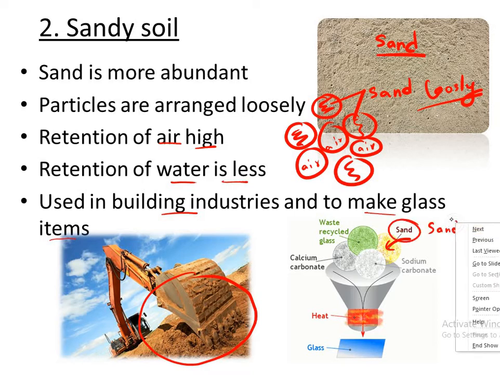So sand, that's the type of mineral you get here. Then you're going to mix it with some sodium carbonate, calcium carbonate, and waste recycled glass. You're going to heat it, and this is just a simple process. The process is really huge. It's not so simple as this. And then you are going to get glass. So this is the rough process where we use sand in order to produce glassware.